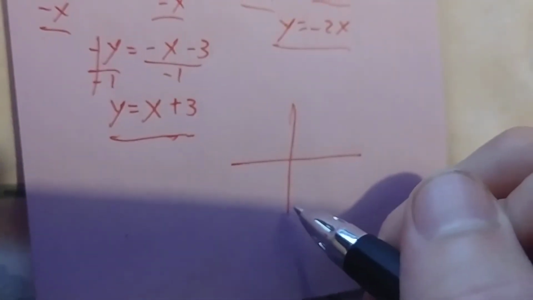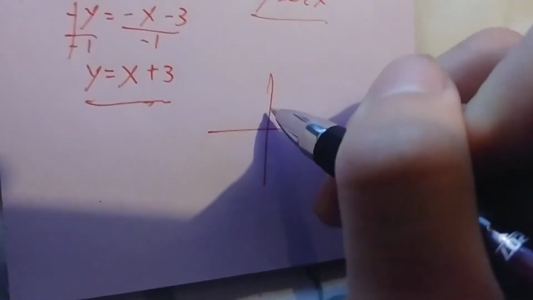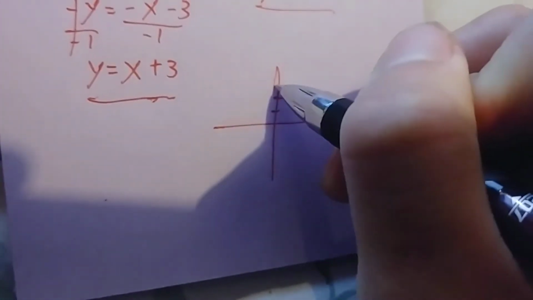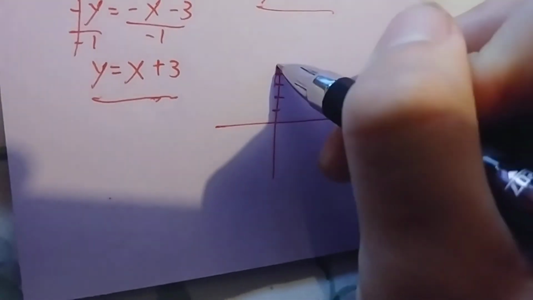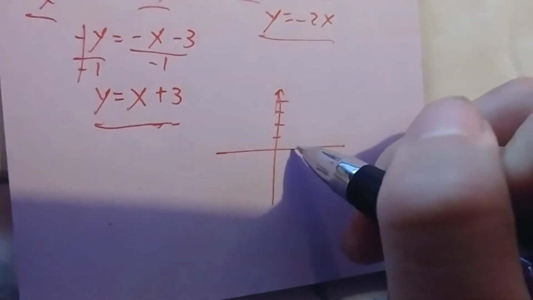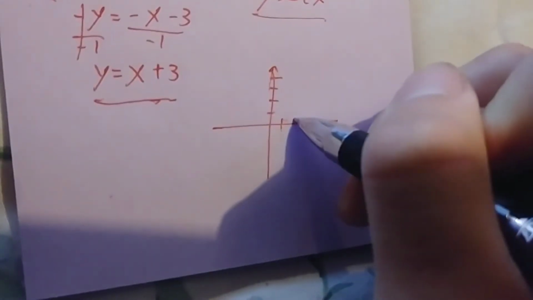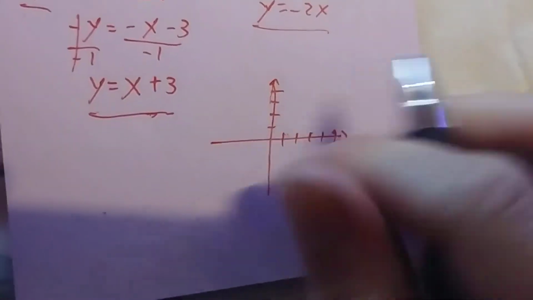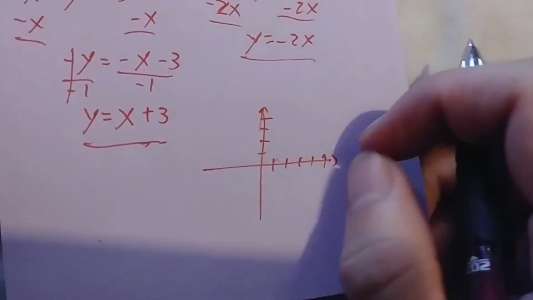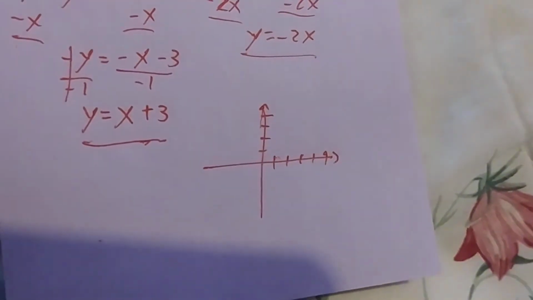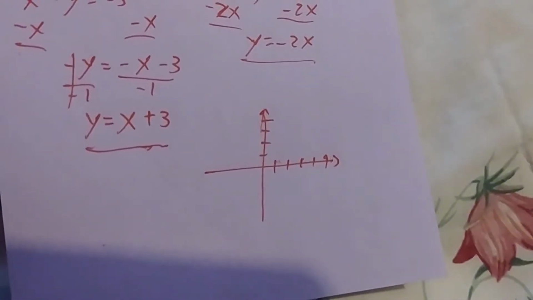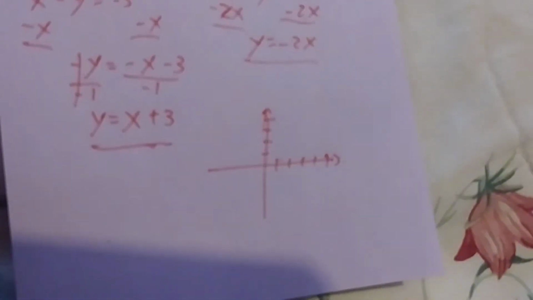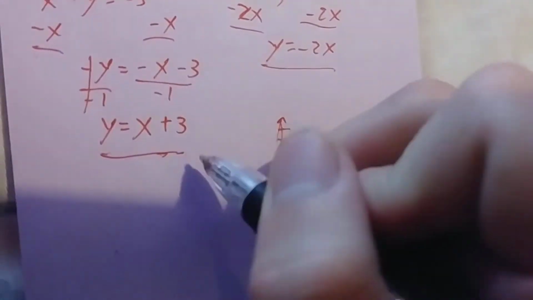So let me just create an x and a y-axis. And let me go up 3 units. 1, 2, 3. Let's create 4. And it keeps going. And also this way. Alright, so let me graph the first one first. Let's look at my y-intercept.